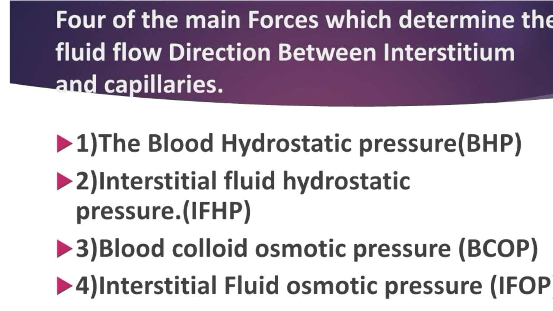Number 3, blood colloid osmotic pressure, is a force caused by the colloidal suspension of large proteins in plasma. The effect of blood colloid osmotic pressure is to pull fluid from the interstitial space into capillaries. Albumin is the primary plasma protein, responsible for approximately 80% of the total blood colloid osmotic pressure.